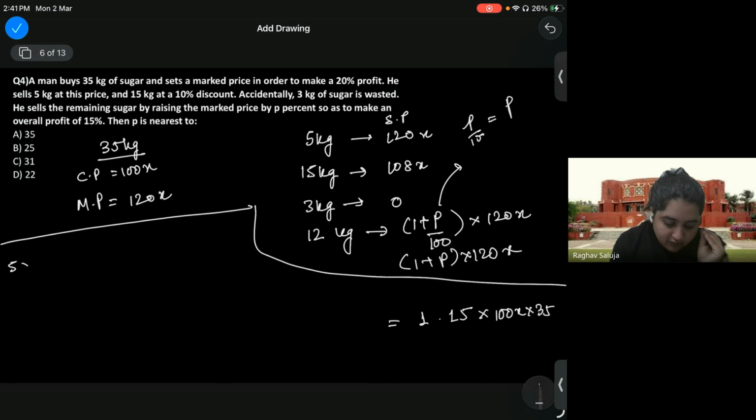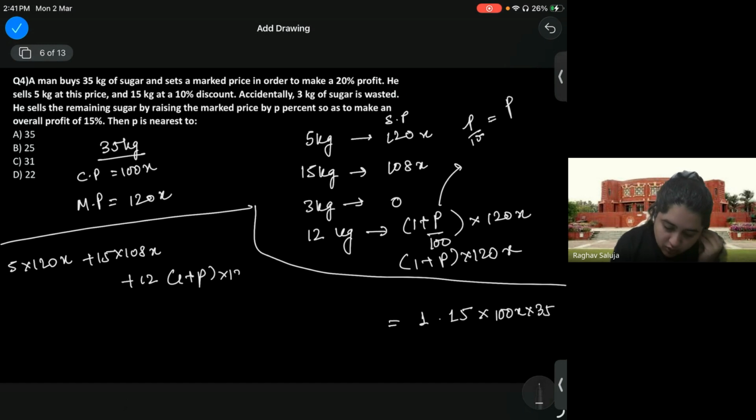So it is going to be 5 into 120x plus 15 into 108x plus 12 into 1 plus P into 120x. We can easily cut the x. We could have easily taken the cost price as 100 also, because we just have to find the percentage.